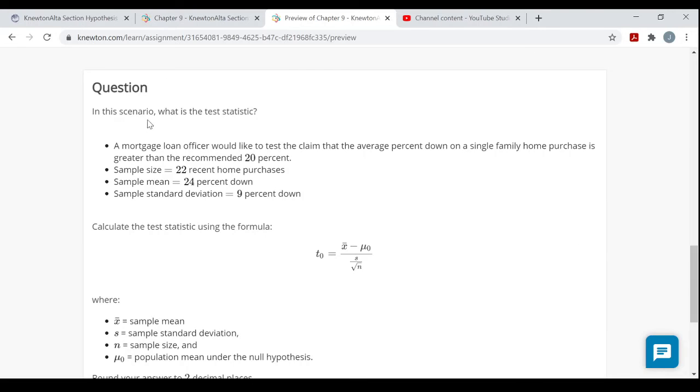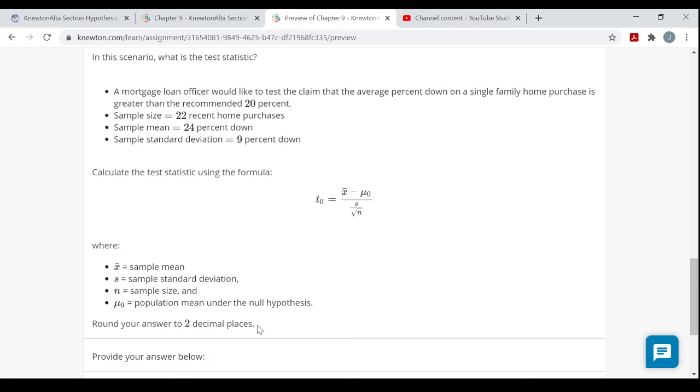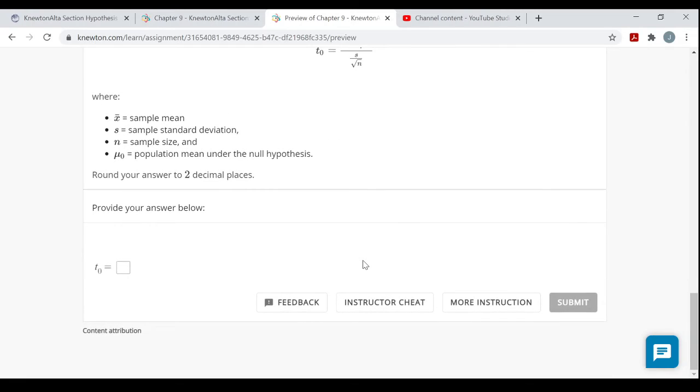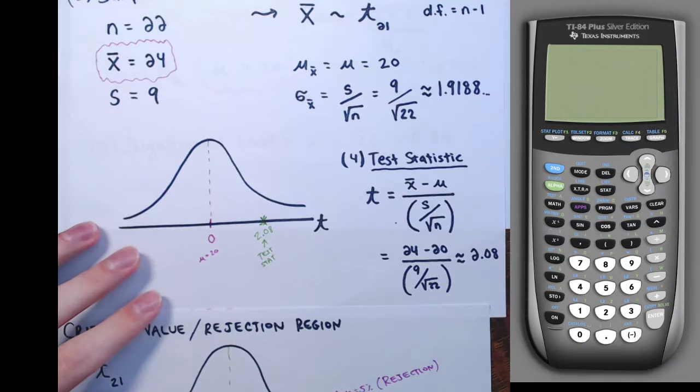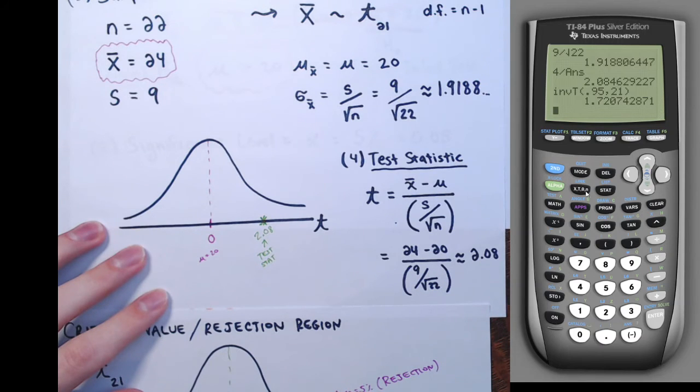And then in this scenario that was given, what is the test statistic? Now, round your answer to 2 decimal places, which I did. That was that 2.08. All right, I'll pull that back up here. All right, paper calculator, that was this guy here, the 24 minus 20 divided by 9 divided by the square root of 22.